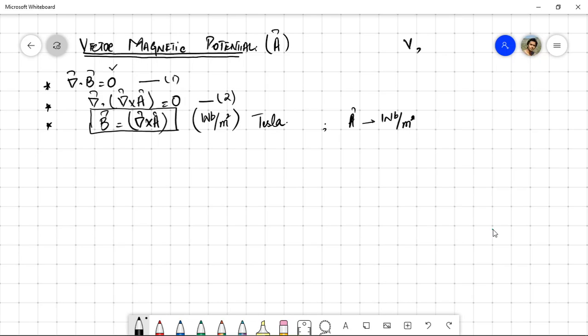Now moving forward, he's saying that by Ampere's law, we studied an expression that the curl of H is equal to the current density J, and this current density is basically due to the motion of free charges. If we want to express this equation in terms of magnetic flux density, why are we doing this?